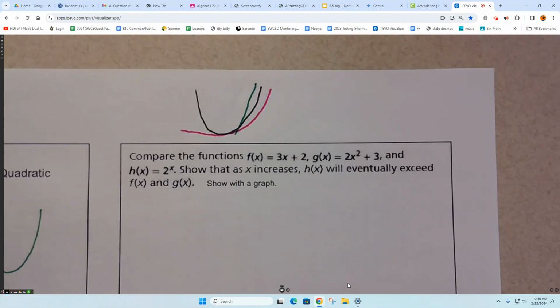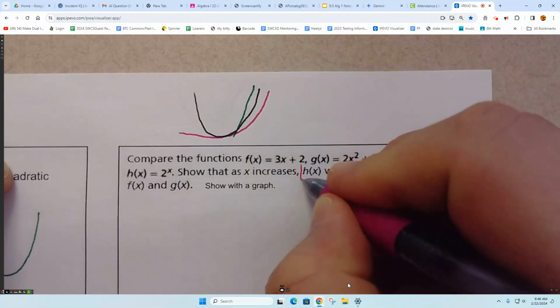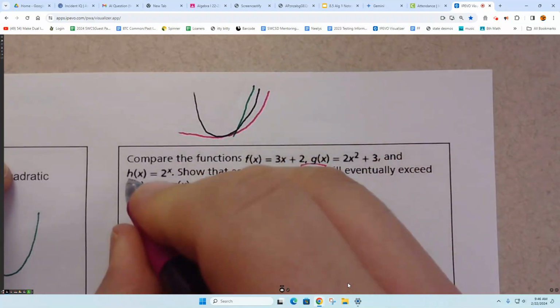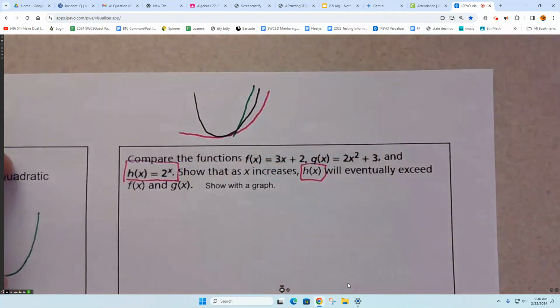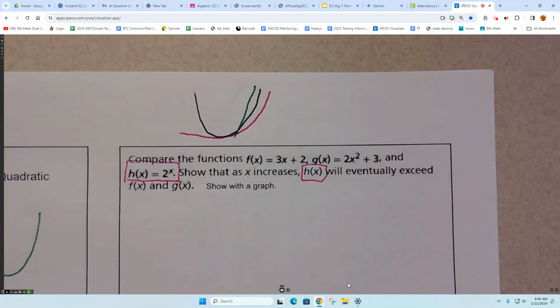What do you notice h of x is? H of x is the pink one. So they're saying even though these ones are fast, pink will eventually win. Show that as x increases, pink will eventually exceed or be above f and g.